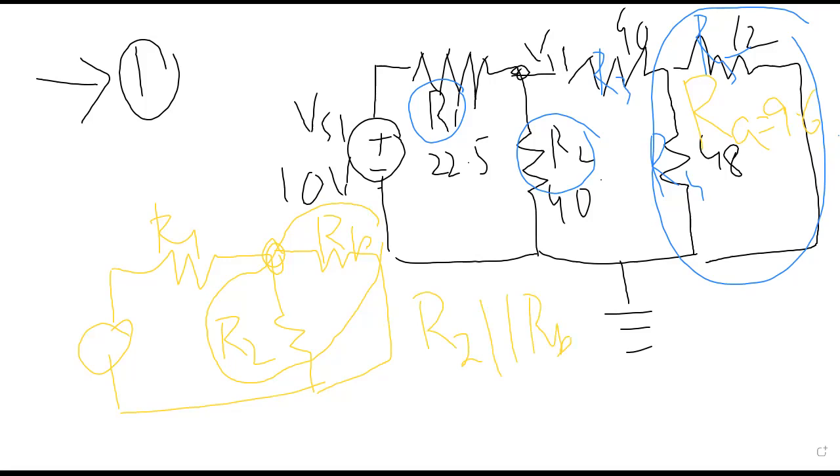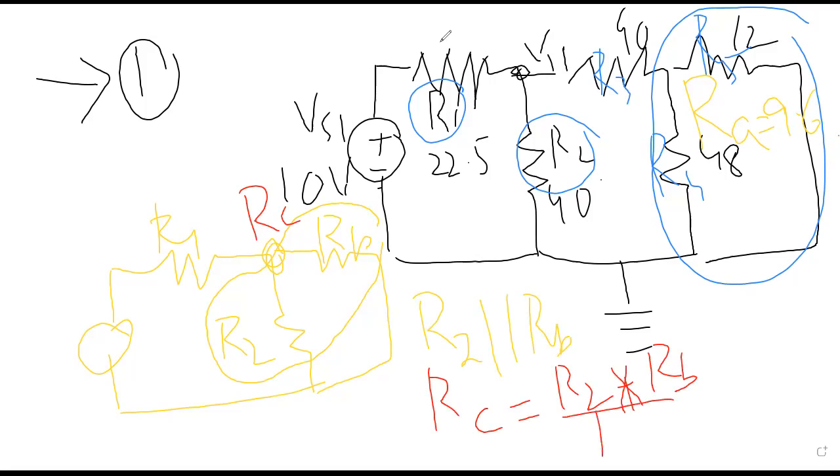This value I am taking as RC. So RC equals R2 times RB over R2 plus RB. What is the value of R2? R2 is 40, sorry.